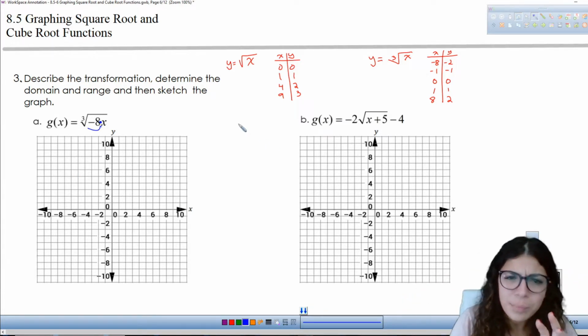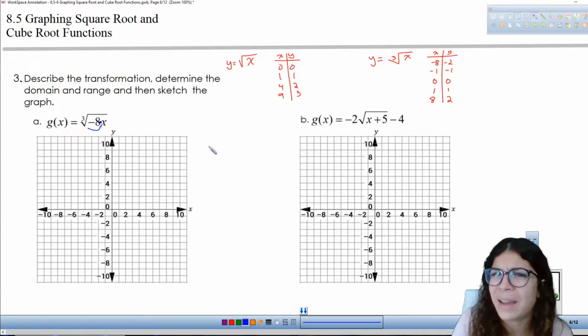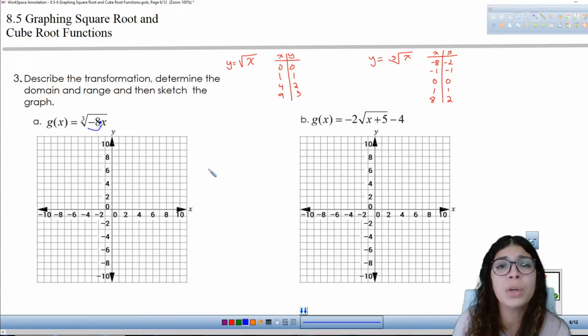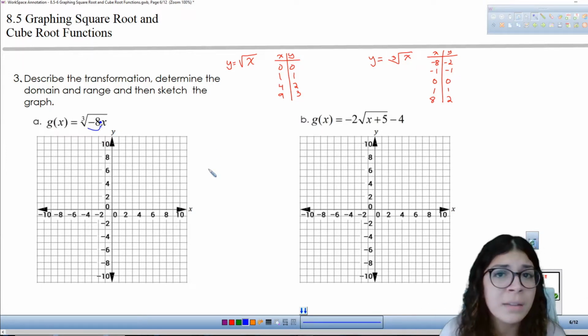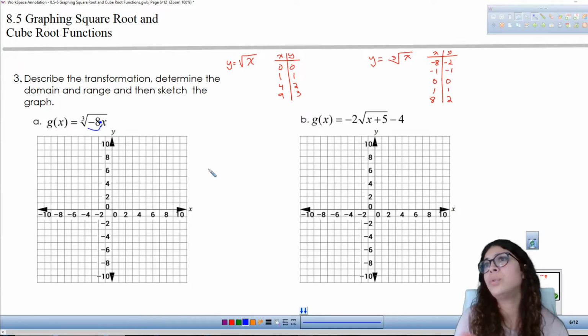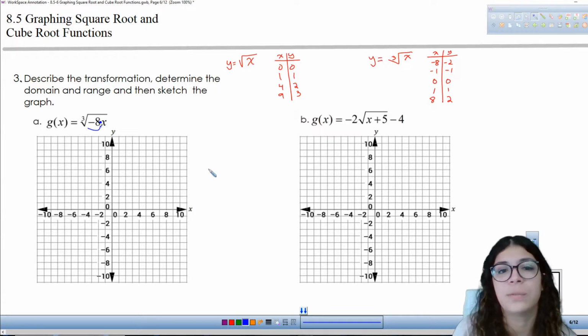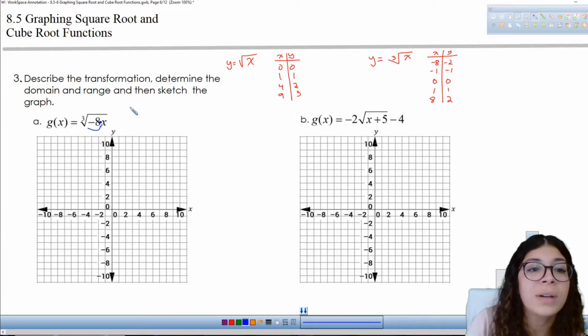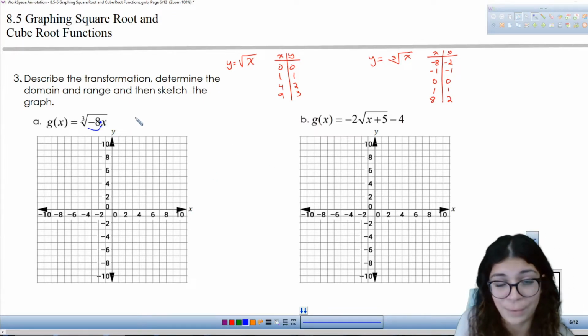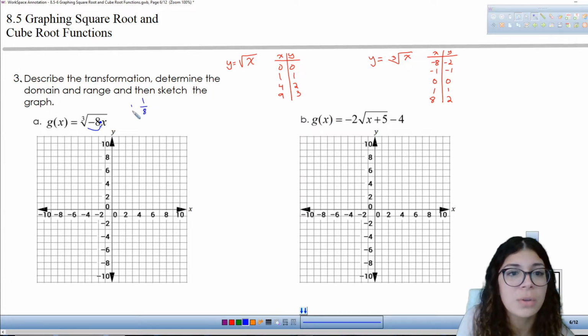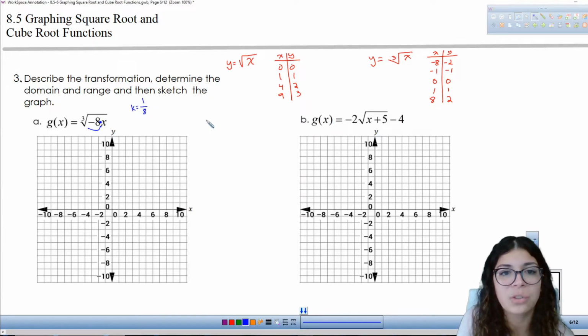So the order that you write this down doesn't matter. Since multiplication is commutative, you could do the reflection first, then the stretch compression, or you could do the stretch compression first and then the reflection. I always do the stretch compression first, so I will write that first. Now, what is the factor? It's the reciprocal of 8, which is 1/8. So the factor is actually 1/8.